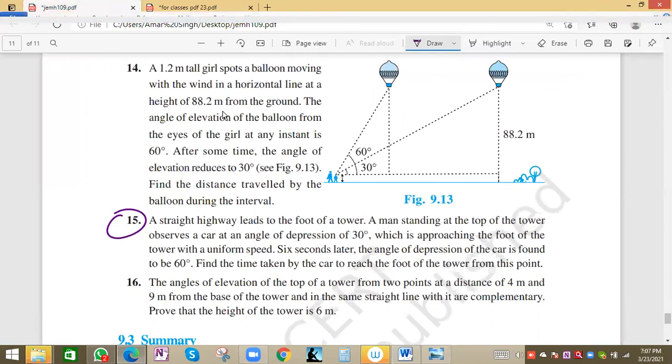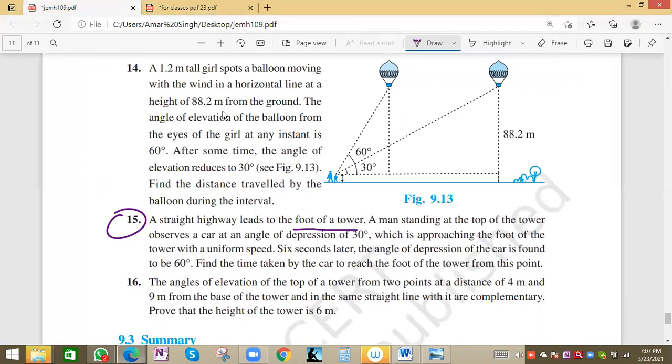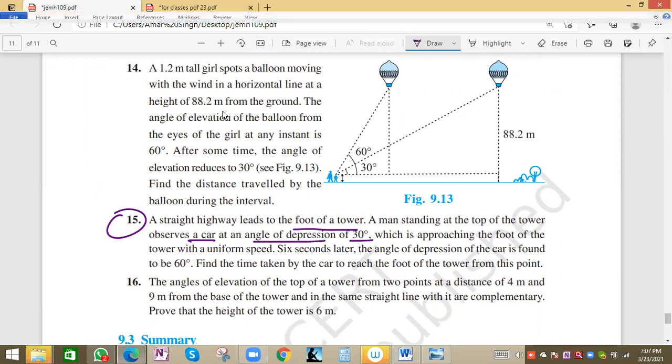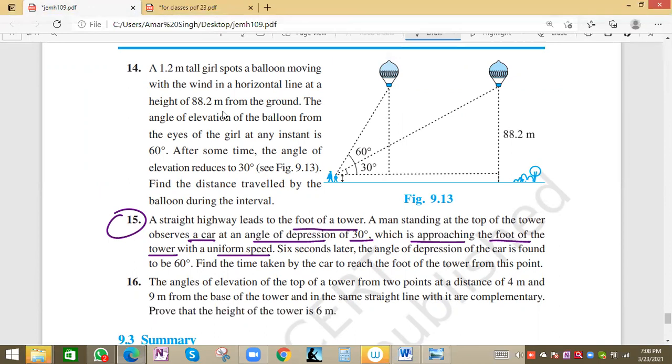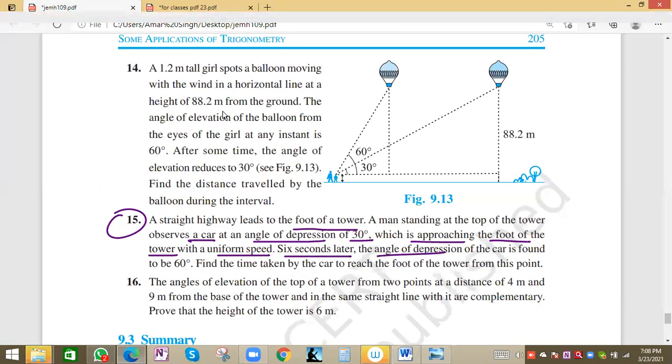A state highway leads to the foot of the tower. A man standing at the top of the tower observes a car at an angle of depression of 30 degrees, which is approaching the foot of the tower with a uniform speed, meaning constant speed. 6 seconds later, the angle of depression of the car, from the top of the tower he is observing, is 60 degrees. Find the time taken by the car to reach the foot of the tower from this point. This is also question number 15. You can put a star mark.